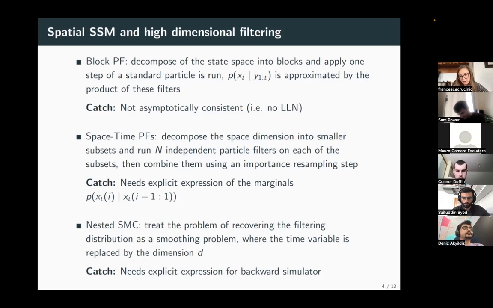The likelihood needs to factorize into smaller blocks, the product of several densities, one for one part of the state, one for another part of the state, and so on. So they are somehow limited by these requirements.